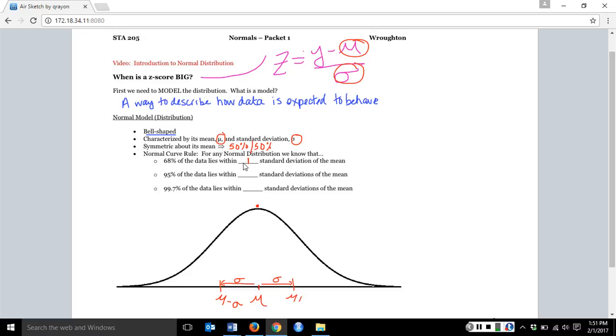This will turn out to be whatever the mean is plus one standard deviation. If I go out that far in either direction, this is going to be 68% of my data. So 68% of my observations will lie between whatever this number is and whatever this number is, down at the bottom.